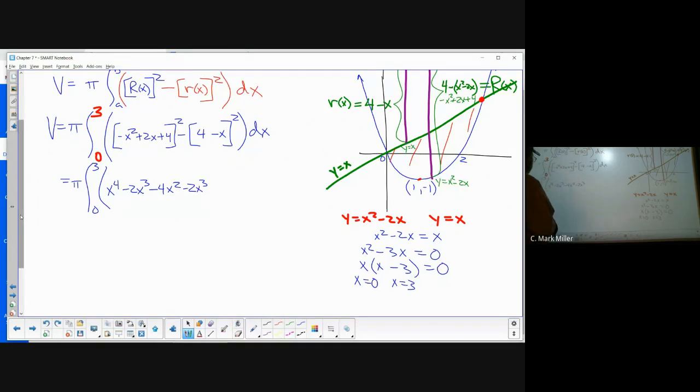I'm going to run out of space. Minus 2x cubed, plus 4x squared, plus 8x.